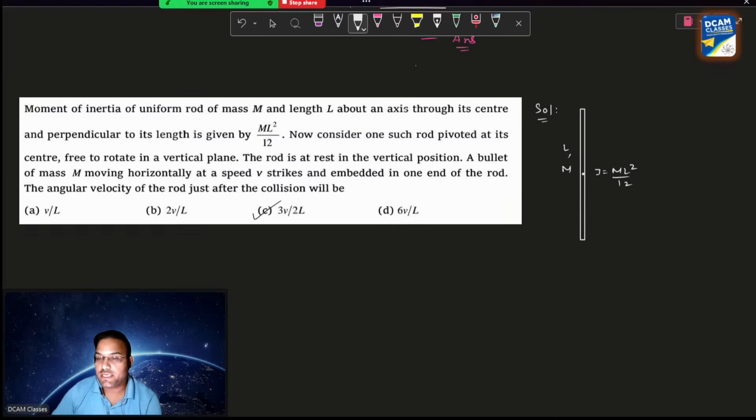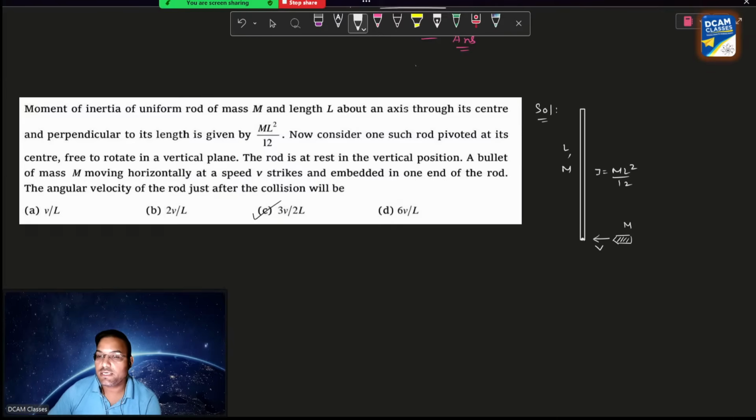It's free to rotate about the center. A bullet of mass capital M, moving horizontally with speed v, strikes and gets embedded in one end of the rod.